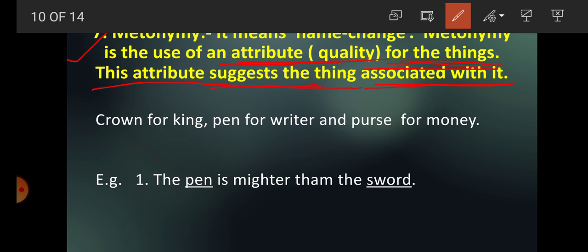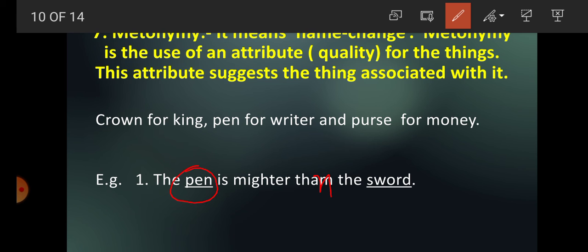For example, for king we use crown, for writer we use pen, for money we use purse. So here, students, this is the quality related to the word. Now for example, the pen is mightier than the sword.